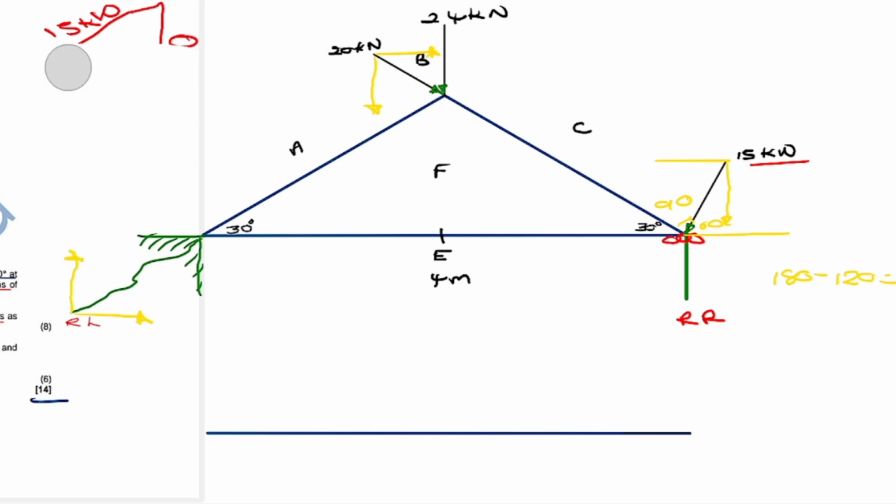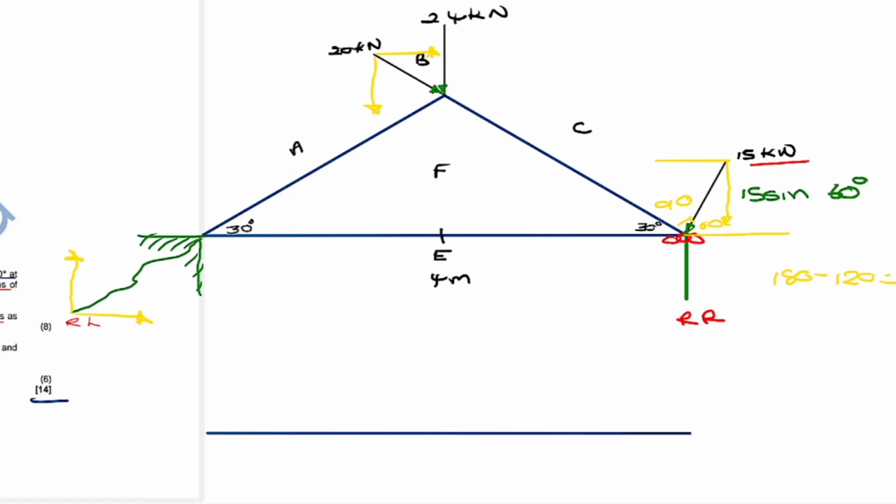By that I mean the vertical component of this 15, where 15 is our hypotenuse, would be 15 sine 60 degrees for the vertical component.